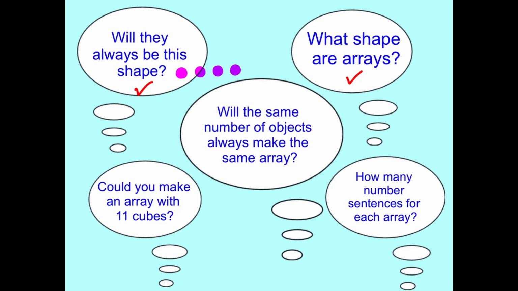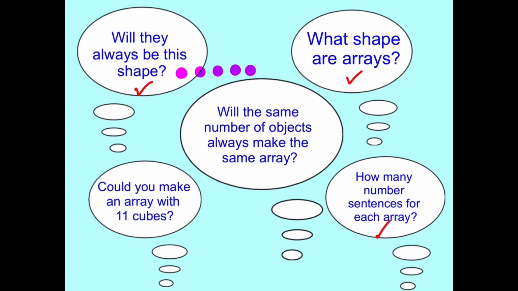If I add one more, 5, with 5 counters you can only make an array that's a line. So down here it says, how many number sentences for each array? Most arrays have 2 times and 2 divide, although sometimes if it's a square number it's double the same number, so you can only have 1 times and 1 divide. And even if it's just a line, you've still got 2 of each.